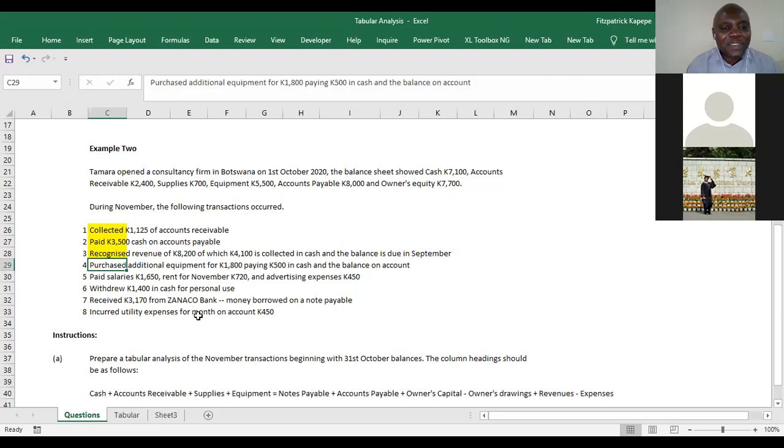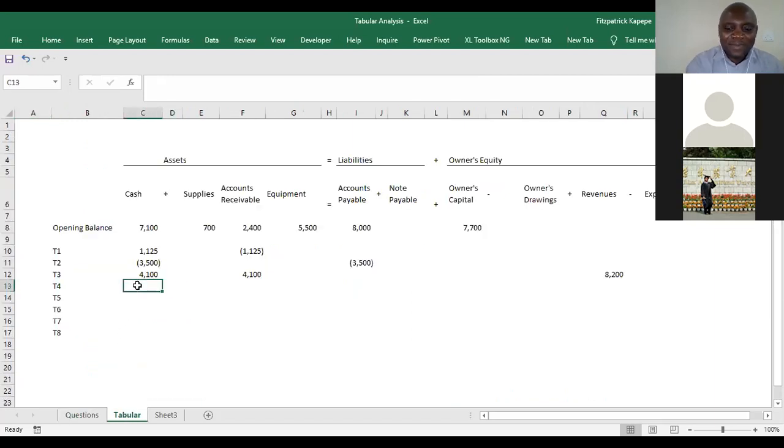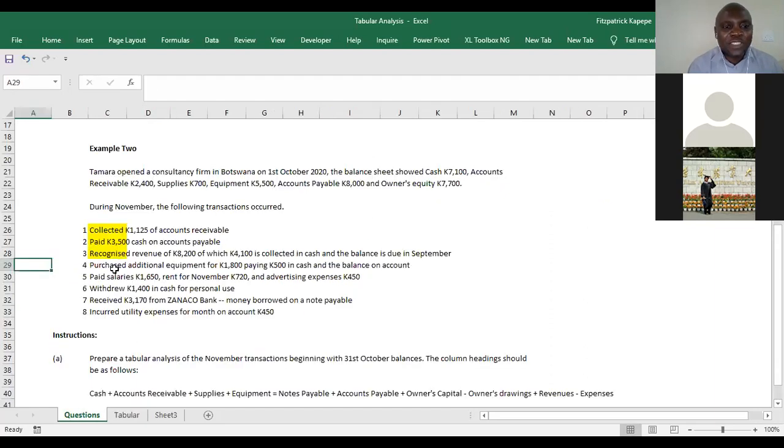So we go to transaction number 4. It says purchased additional equipment for 1,800, paying 500 in cash and the balance on account. So cash will reduce by what? By 500. We are paying cash, and it will not go to payables.